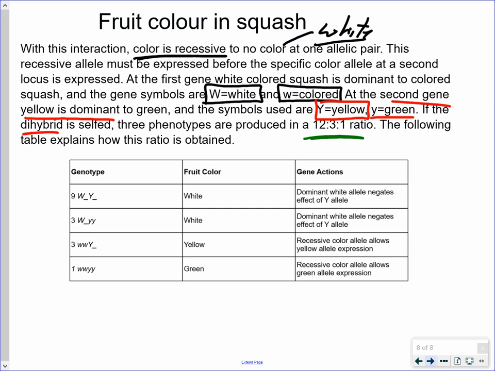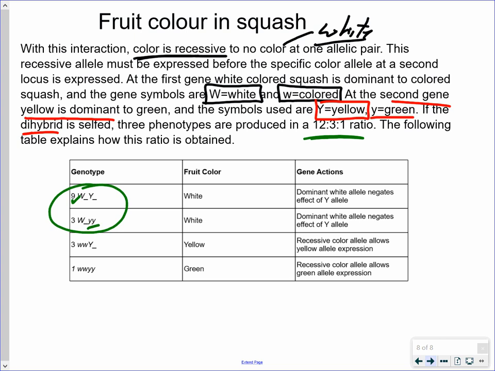So why is it a 12 and not the 9 to 3 to 3 to 1? Well, there are different ways that you can end up with the white coloration. So it could either be that there is the capital W with the capital Y's, or also the capital W and the lowercase y's.